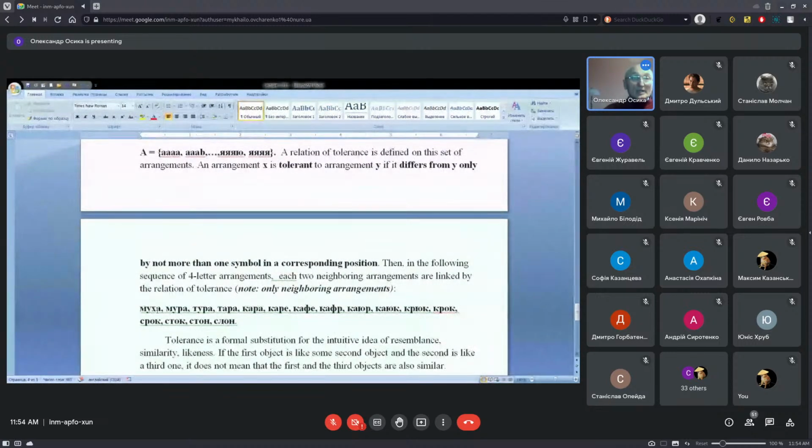We put here only the sequences of 4-letter arrangements that we are interested in, just to show you how some nasty, clever, or just tricky people can lead you to a wrong conclusion.